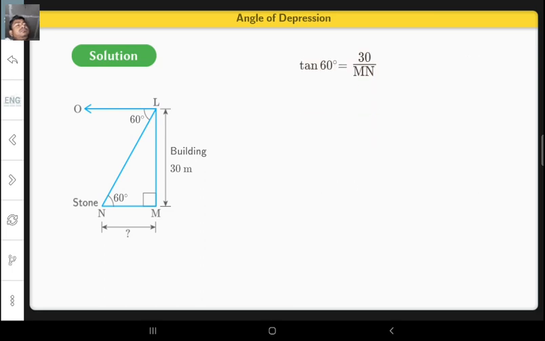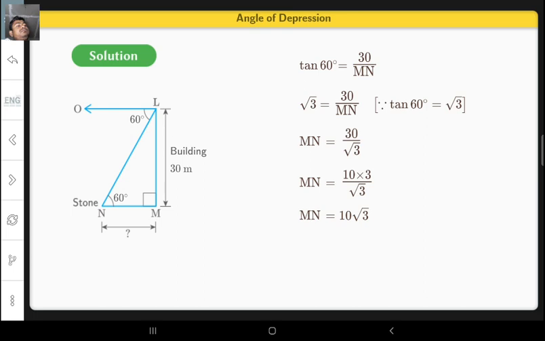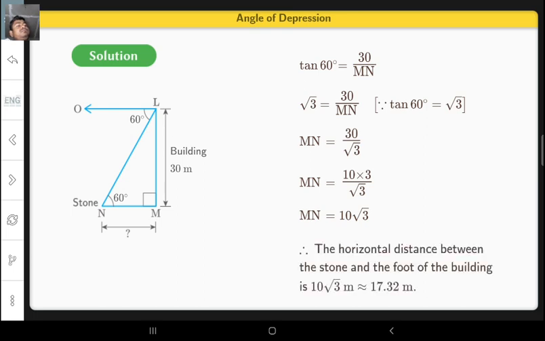On solving, we get MN is equal to 10 square root 3. Therefore, the horizontal distance between the stone and the foot of the building is 10 square root 3 meters, which is approximately 17.32 meters.